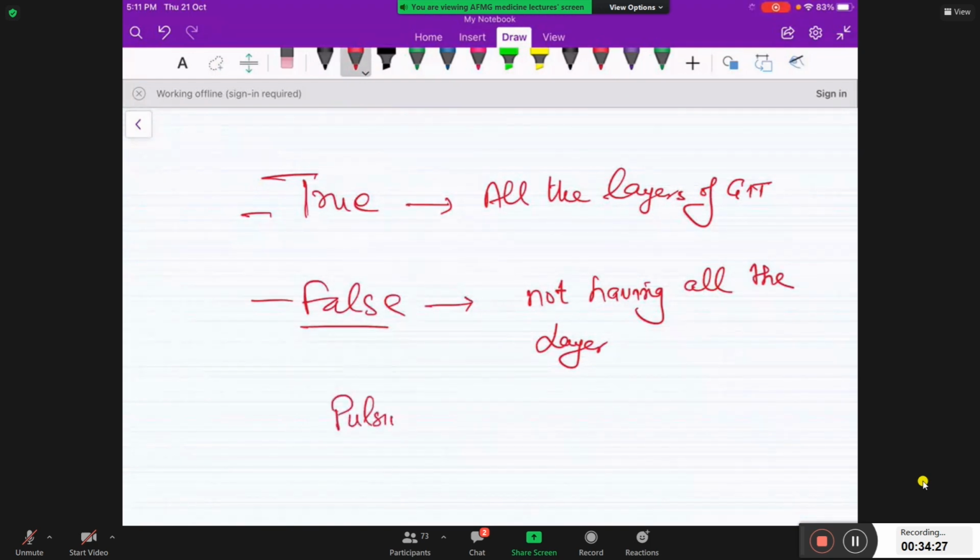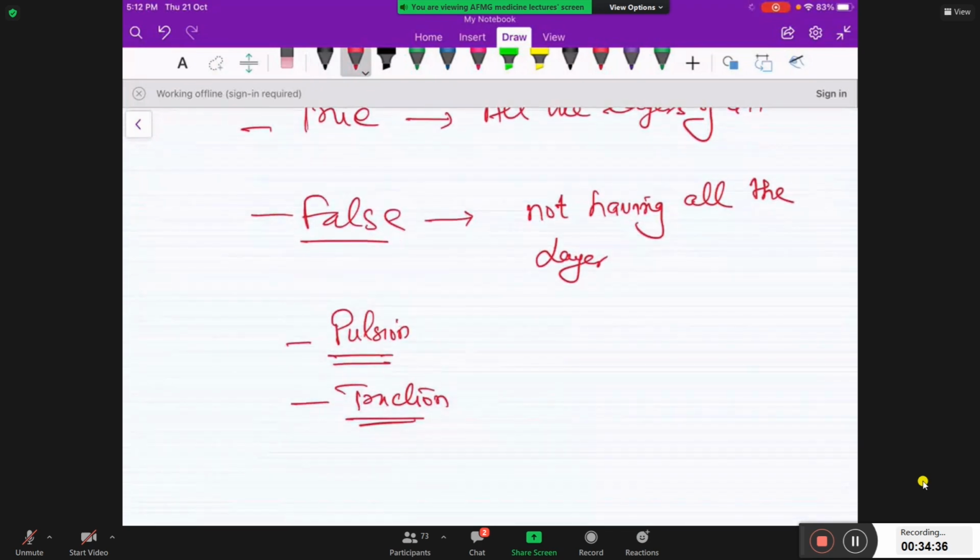Pulsion diverticulum and traction diverticulum. What is pulsion diverticulum and what is traction diverticulum? The reason for outpouching in pulsion diverticulum is a pressure change.